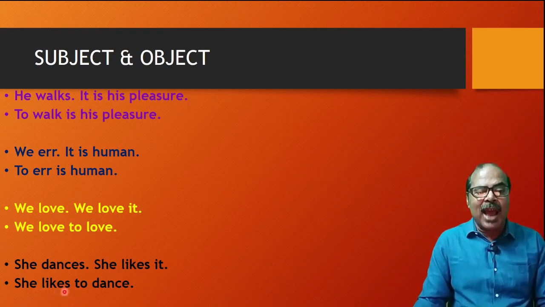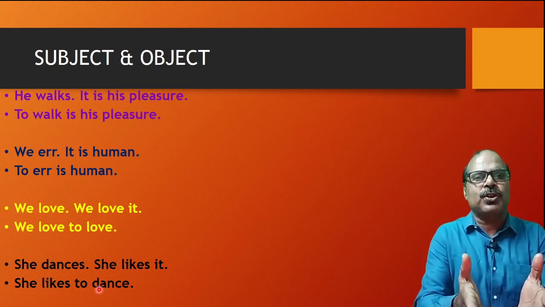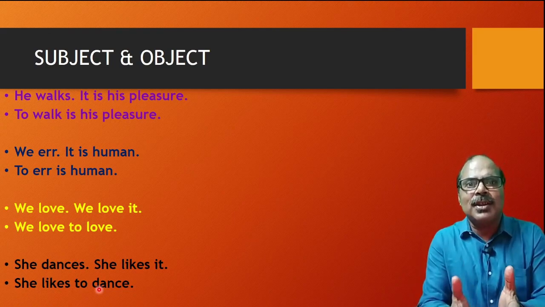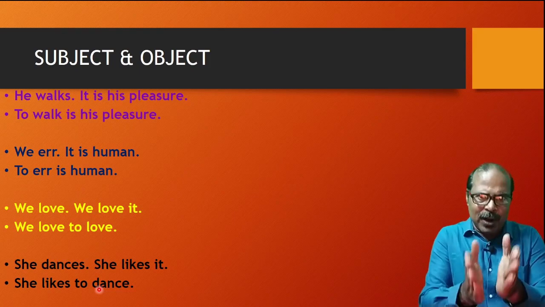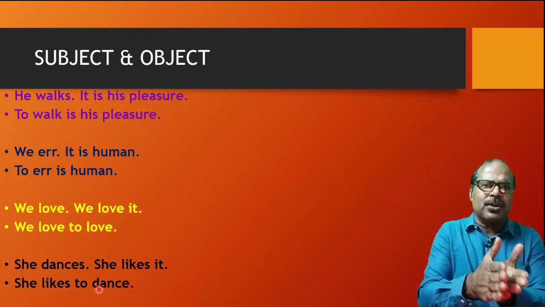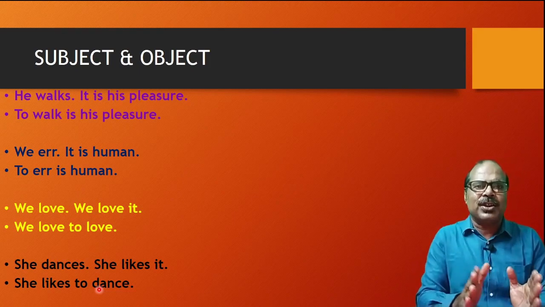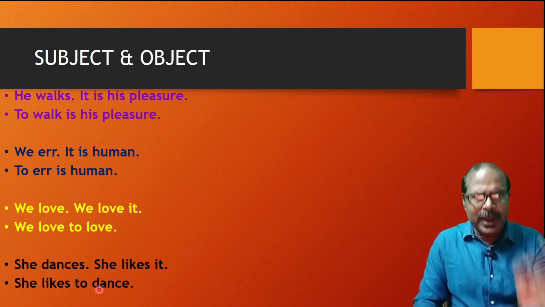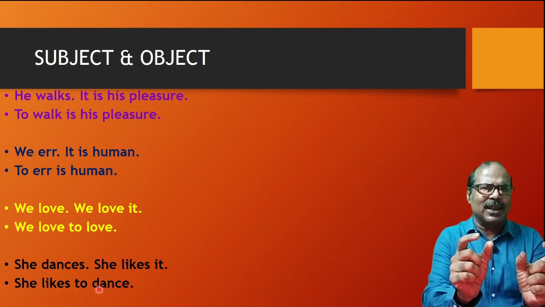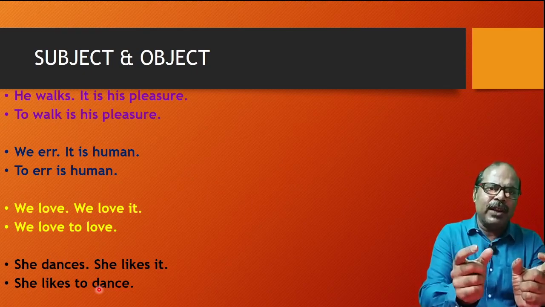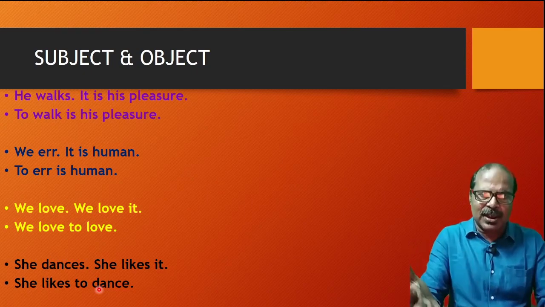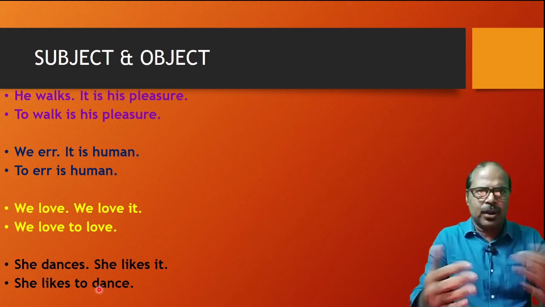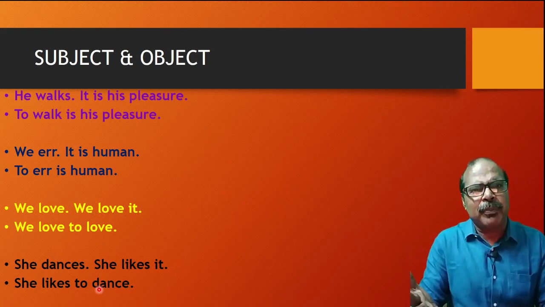So she likes to dance. See, in this same place we can use a participle: she likes dancing. And this participle we can turn into an infinitive: she likes to dance. So we can join two simple sentences by using infinitive as the subject or as the object.